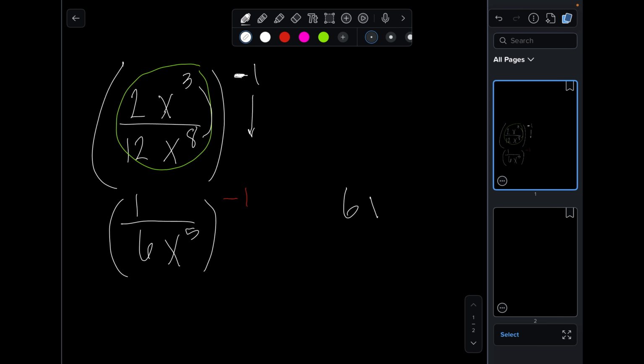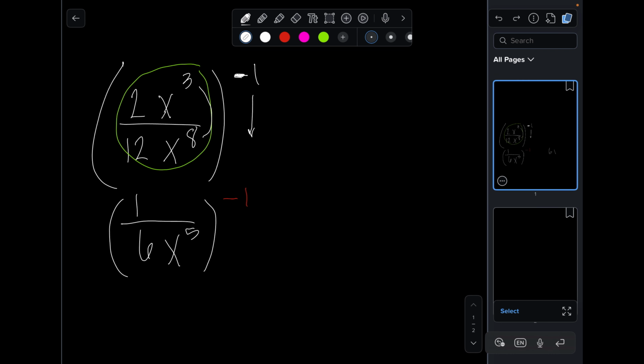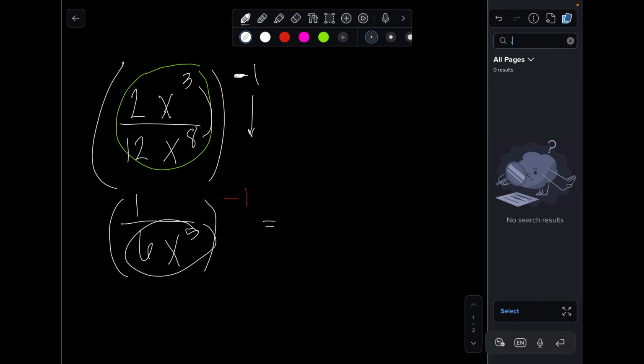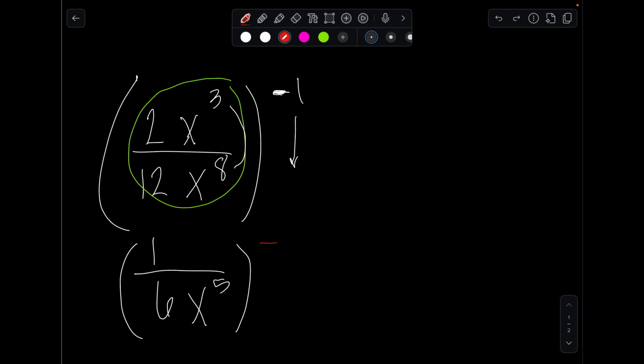So 6x to the 5th power. So put this up top, right? All right, so we're going to flip it. Put the bottom up top, and put the top at the bottom.